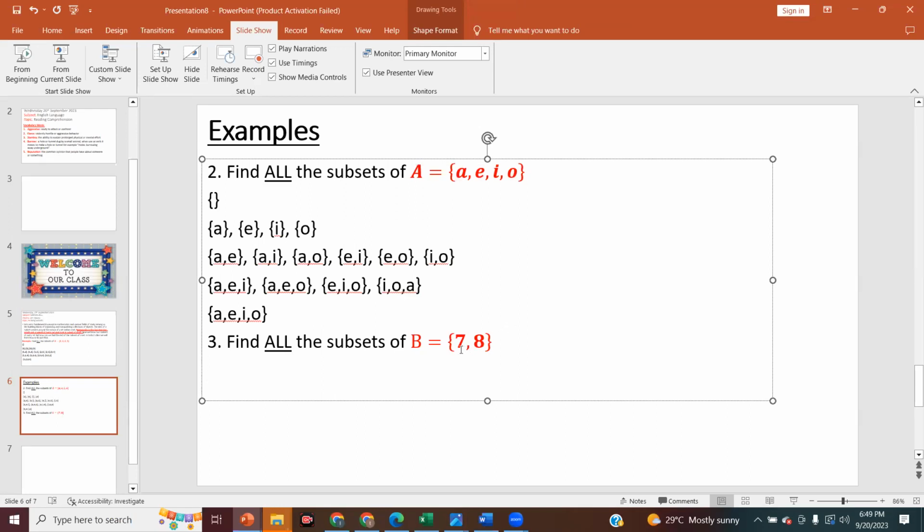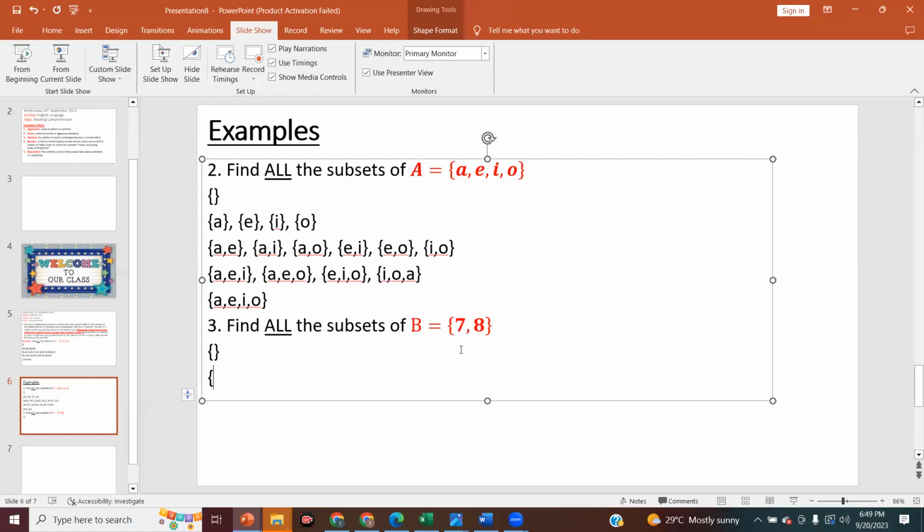What is the first subset? 7. No, no, no. The empty set is always the first. Oh yeah. All right. And then after that, it's going to be what? 7. That's going to be 8. And then what? 8. Anything else?